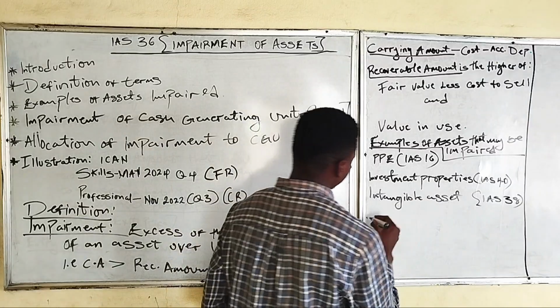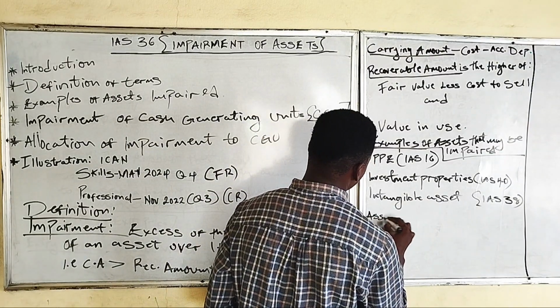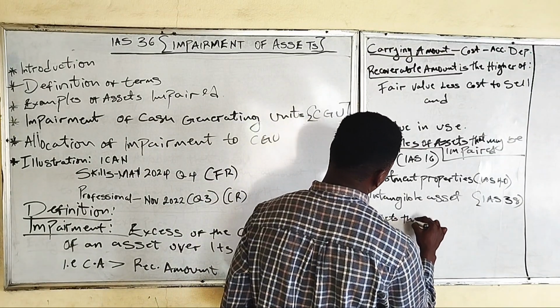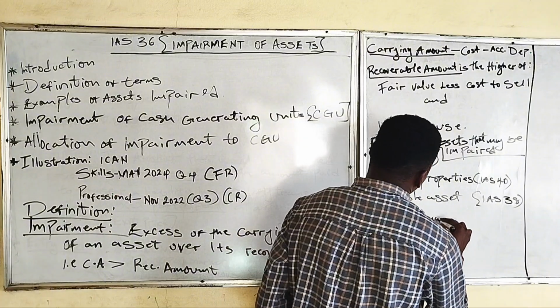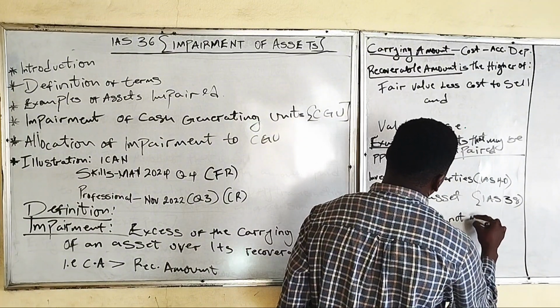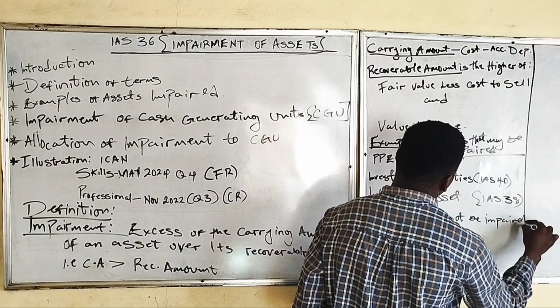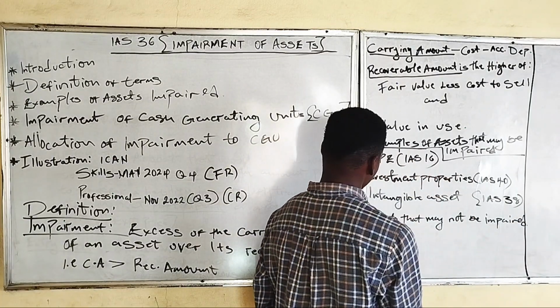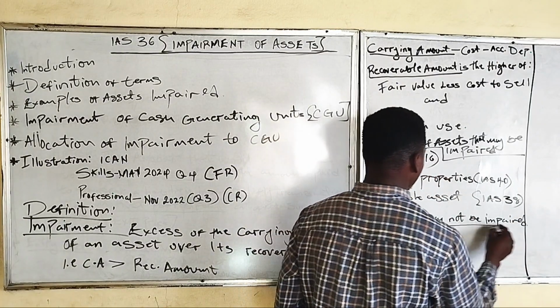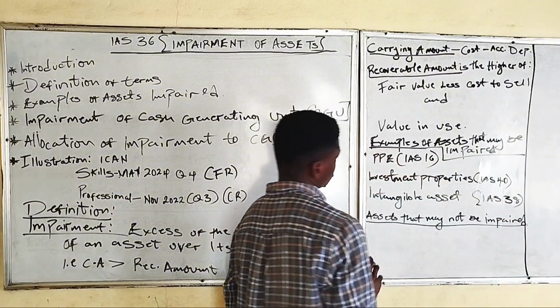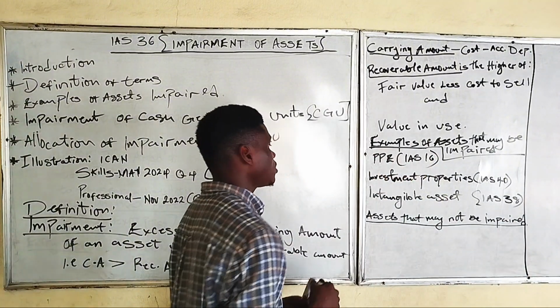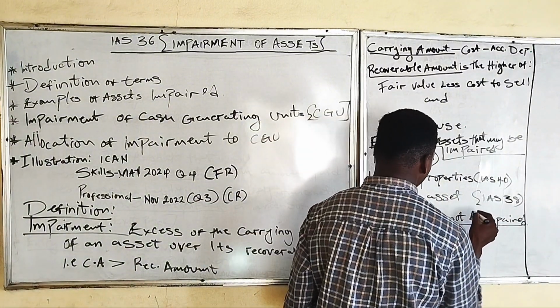Then we also have assets that may not be impaired. So examples of assets that may not be impaired.